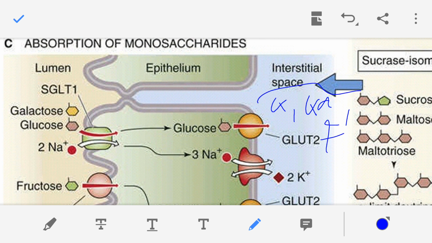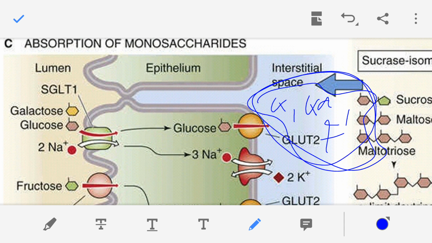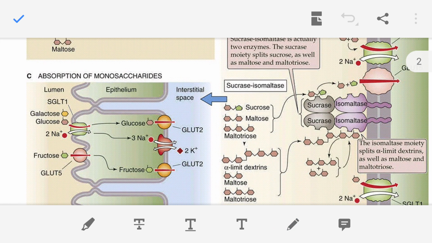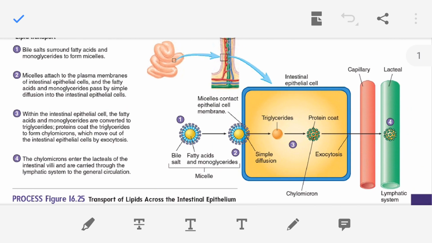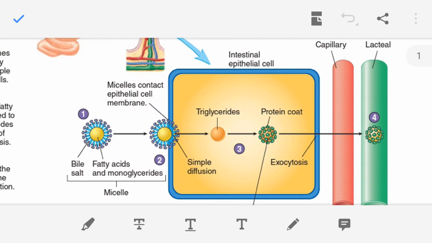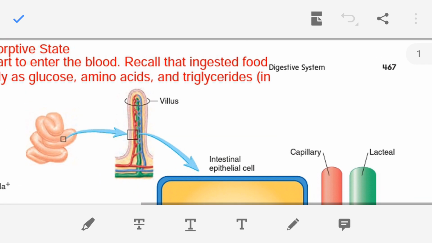So these three, where are they going? All three are now entering into the blood capillary.